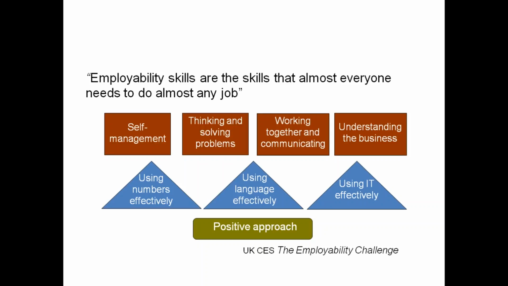Now, first is self-management. Self-management means you must be self-managed with yourself. Then thinking and solving problems. Then working together and communicating, that is, you must work together in a team and communicate with each other. Then understanding the business, in the sense that you must understand the business effectively.